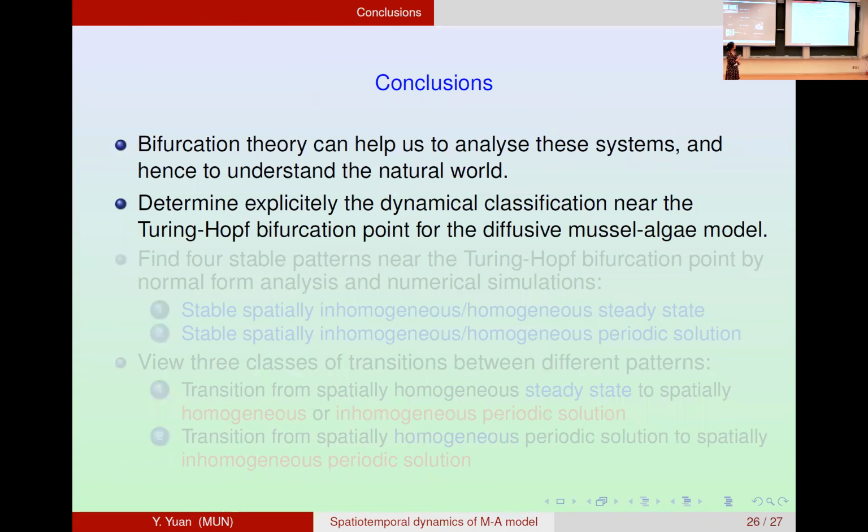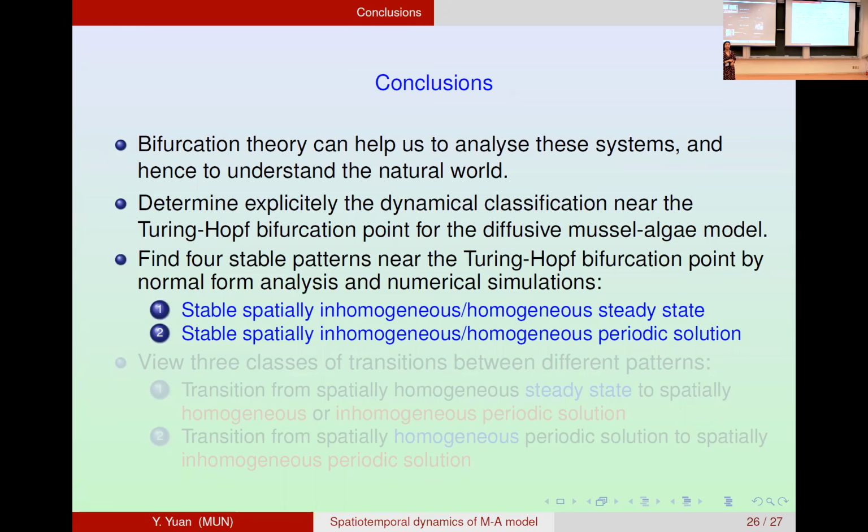To do this bifurcation analysis, it's probably easier to understand the real natural world, so we can determine the spatial-temporal patterns explicitly. It's interesting to find different stable homogeneous and inhomogeneous periodic solutions and steady states.